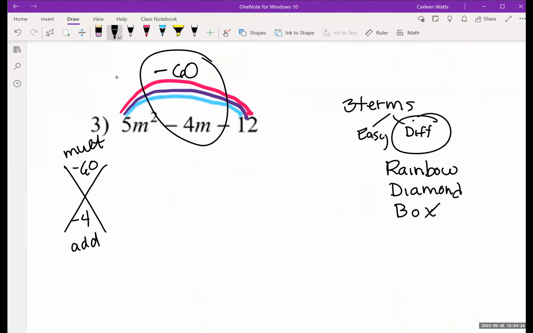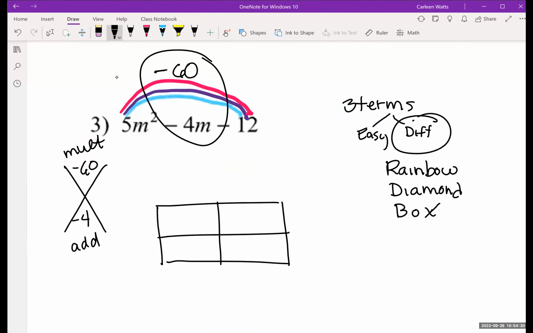Okay, now I'm going to make a box, just like the one to the left. So I put 5m squared here, negative 12 here. I got negative 10 and positive 6. Now, first box, last box. See that negative 4m?